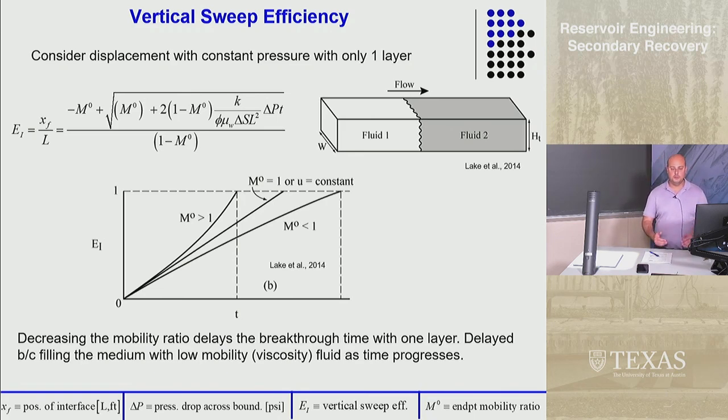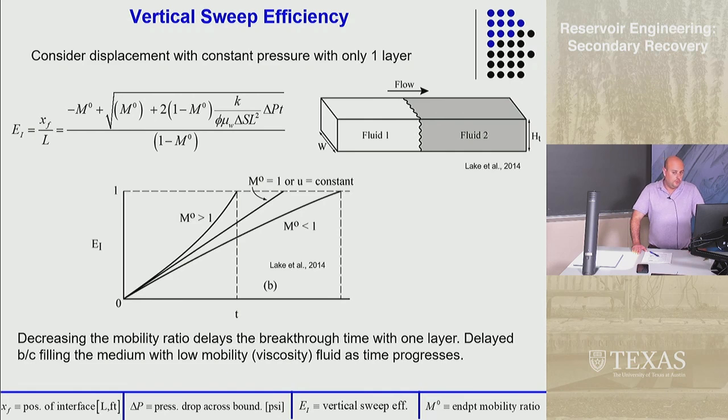The simplest way to think of it is that you have a low viscosity water displacing a high viscosity oil. So this seems to imply that to improve vertical sweep efficiency, you would want to inject a low viscosity fluid, or a poor mobility ratio. We define a poor mobility ratio as being greater than 1, a good mobility ratio is less than 1. This is only true if you have a single layer.